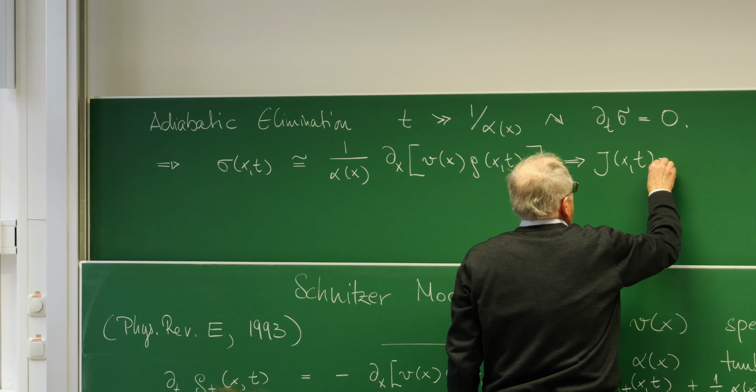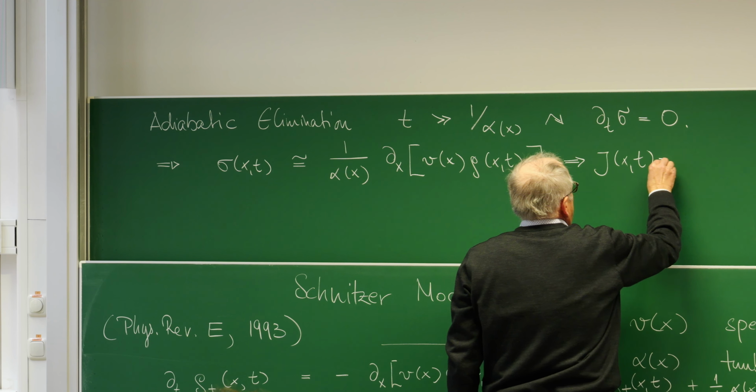And this is now our constitutive equation, because once you know the current in terms of rho, you get a closed equation for rho. And this closed equation for rho has the following form. Closed equation for the total density rho of x and t.